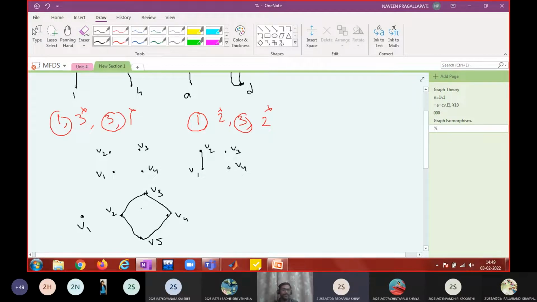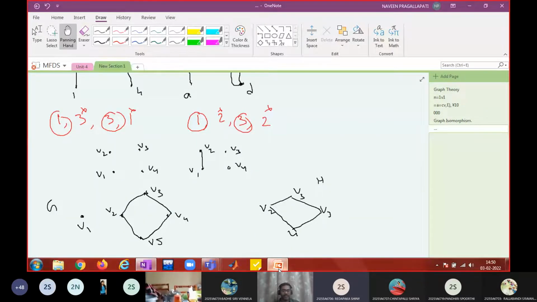How many edges are there? 4 edges. Okay, so if I draw like this, it is containing all the edges of G. So if I call this G, and this H, is it not an induced subgraph of G? Yes, sir. Both are containing the same edges. Is that okay? So that is an example of an induced subgraph.